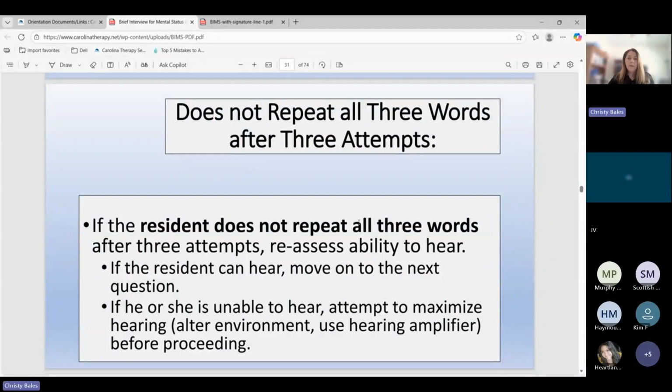All right, does not repeat all 3 words after 3 attempts. If the resident does not repeat all 3 words after the 3 attempts, reassess ability to hear. If the resident can hear, move on to the next question. If he or she is unable to hear, attempt to maximize hearing, alter the environment, using hearing amplification before proceeding.